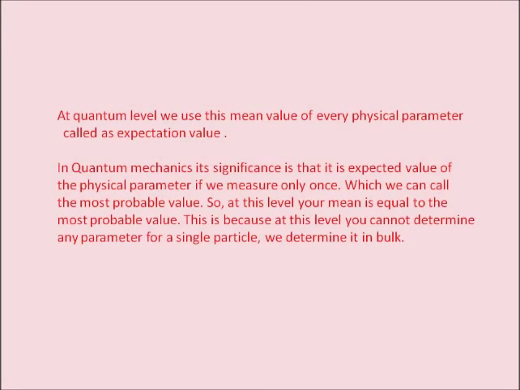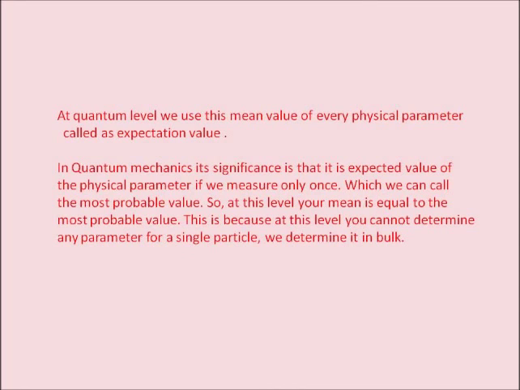At quantum level, we use this mean value, or we can call this mean value the expectation value or expected value. So this means at quantum level, if we have to measure one physical parameter only once, the value is the mean value or expectation value.